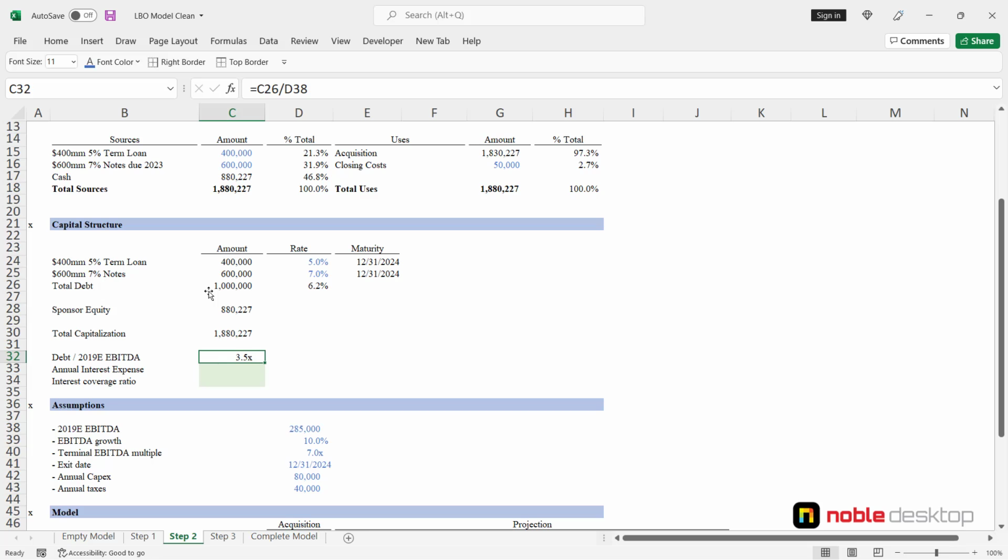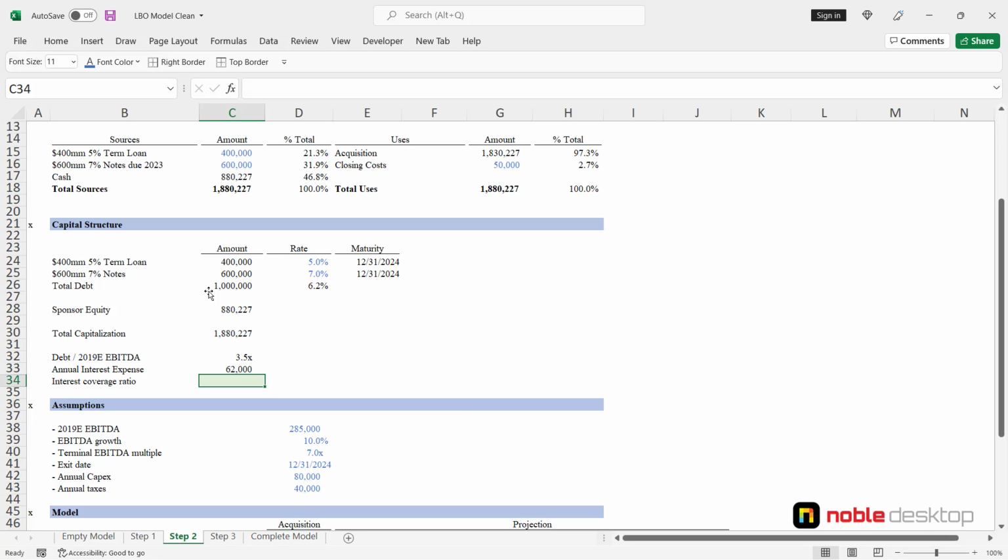Now, as for the annual interest expense, I have my total debt amount and I'm going to just multiply it by the percentage for the total debt, which is calculated with the SUMPRODUCT formula, and it will be $62,000 annually I have to spend on interest expense.